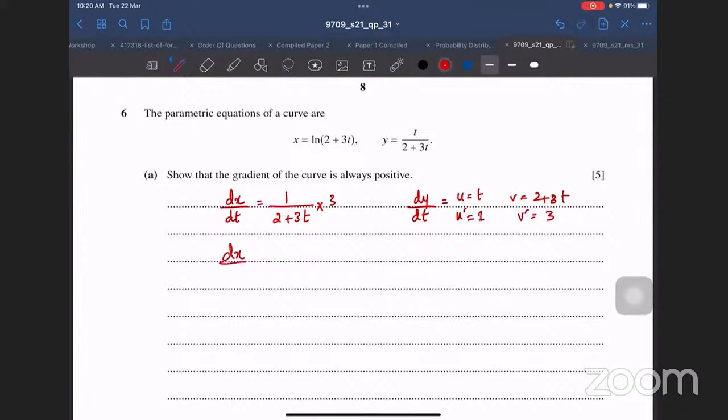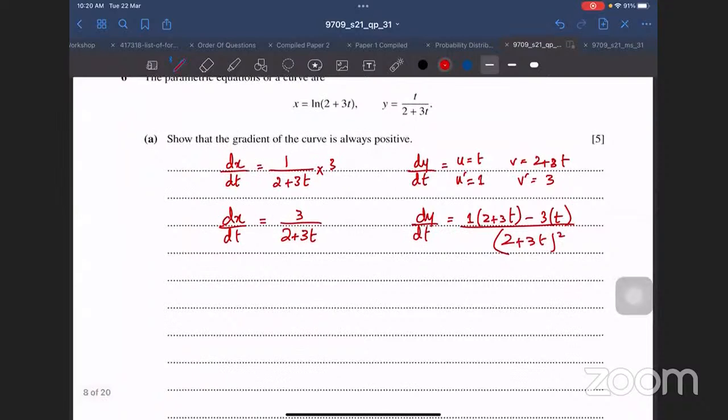So I get dx over dt equals 3 over 2 plus 3t. And dy over dt is u dash v minus v dash u over v squared. Then I apply the chain rule. dy over dx is dy over dt divided by dx over dt.